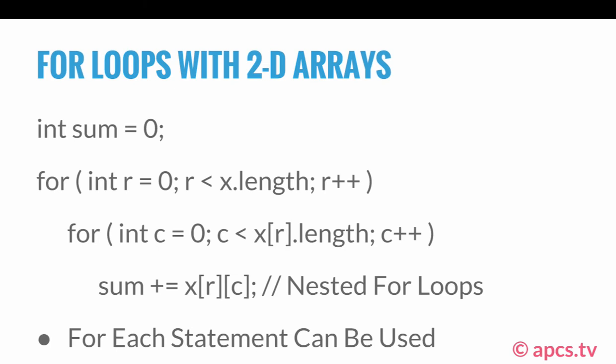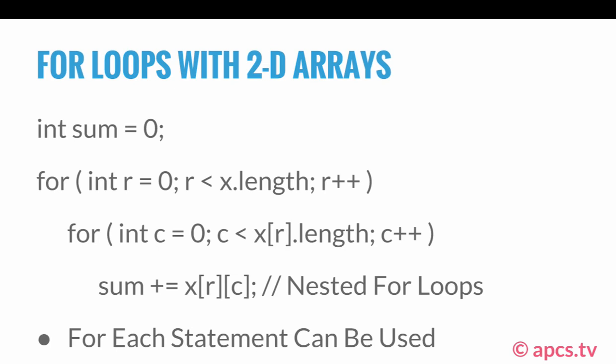So starting with the 0th row, we'll keep going through every single row, and within every row we're going to go from int c equals 0, so the 0th column, to the last column. So for int c equals 0, c is less than x[r].length, c++.